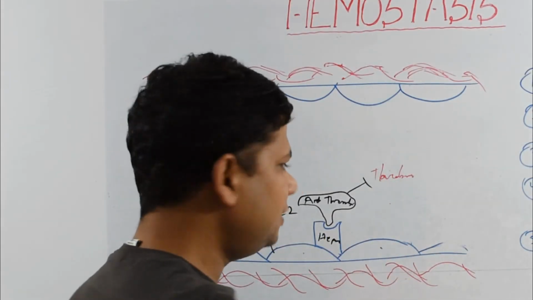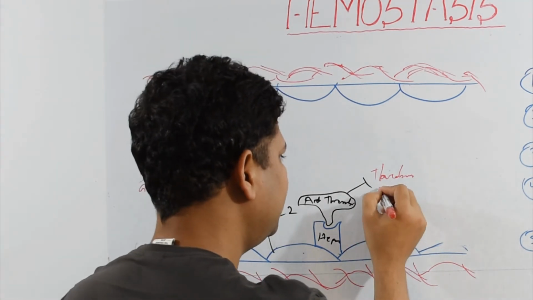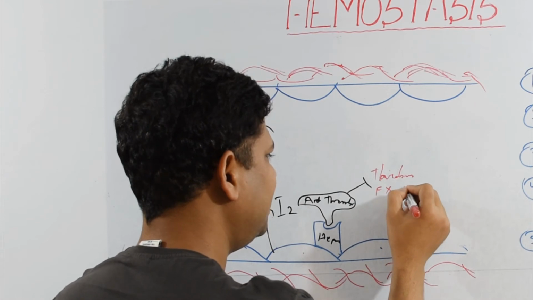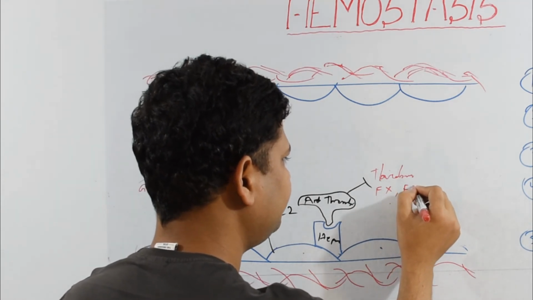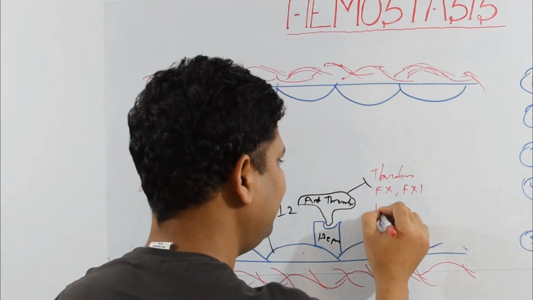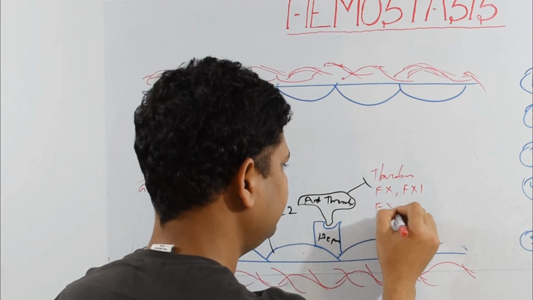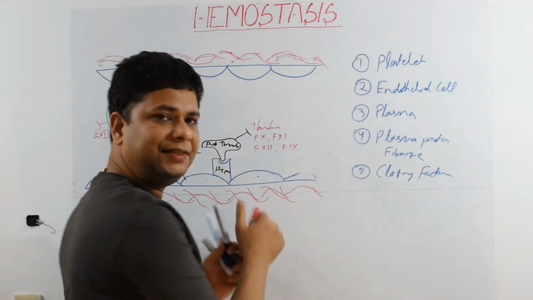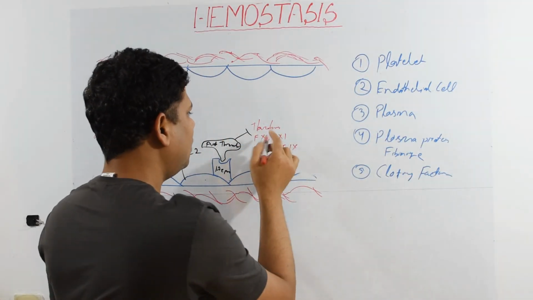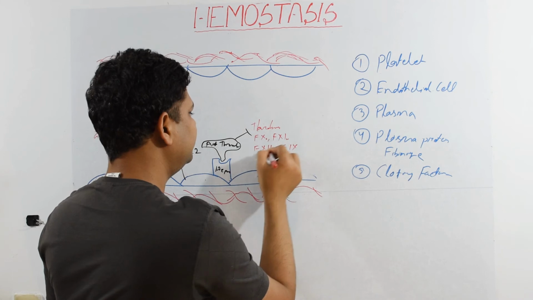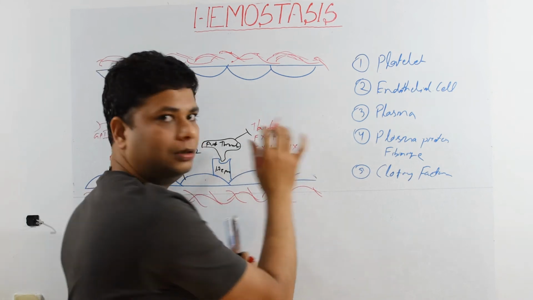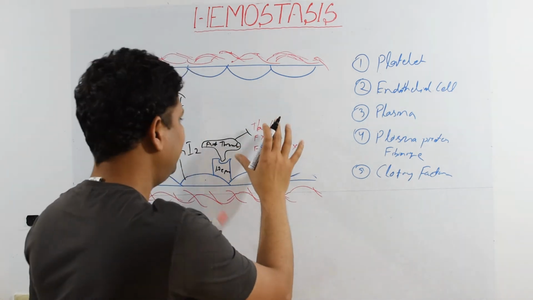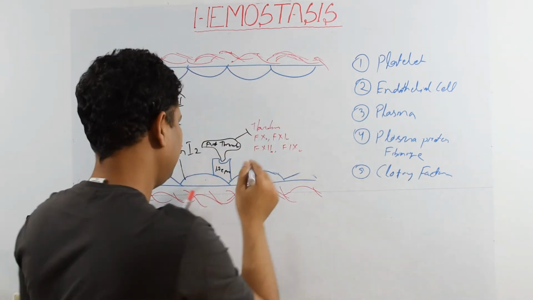Apart from thrombin, it will also inhibit factor 10, factor 11, factor 12, and also factor 9. This antithrombin breaks down the active forms of these factors and inhibits them. That is why these are in the inactive form in the blood.